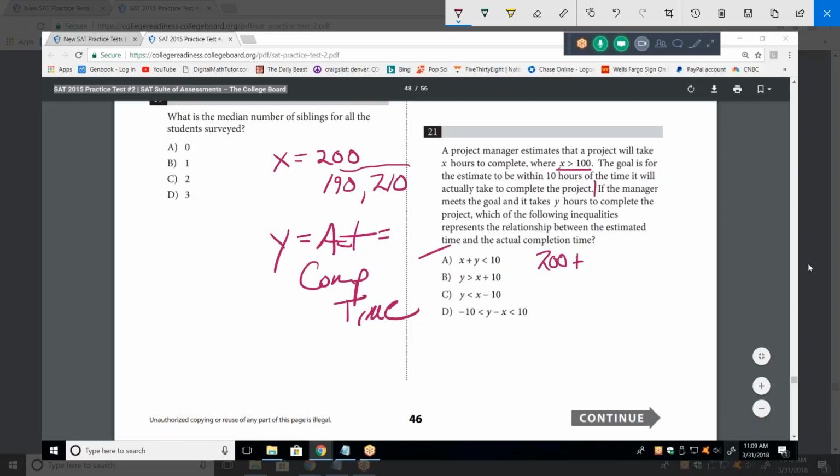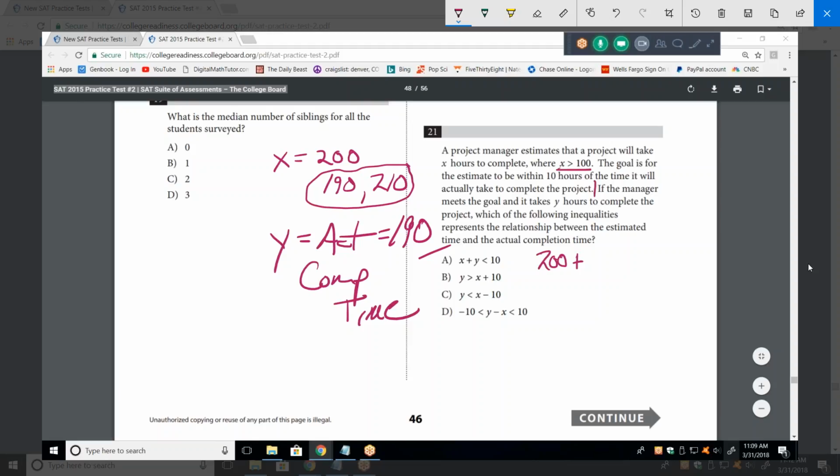Yeah, just for the sake of argument, let's keep it within plus or minus 10 hours, because they want the estimate to be within 10 hours of the actual. So Y has to be between 190 and 210. Like 195? All right, I would choose 190 just because it's a rounder number. I've got to do some math here, and I want the math to be easy.